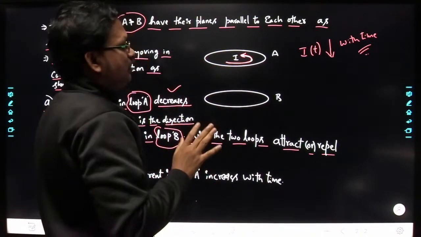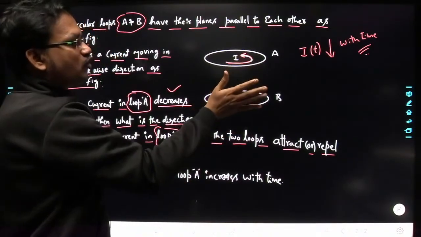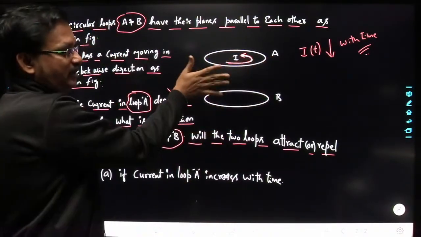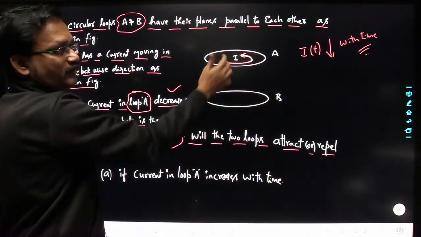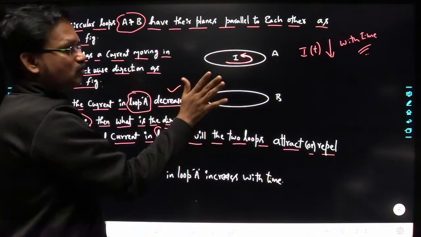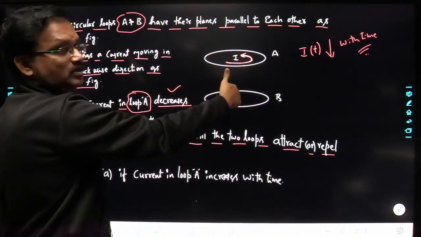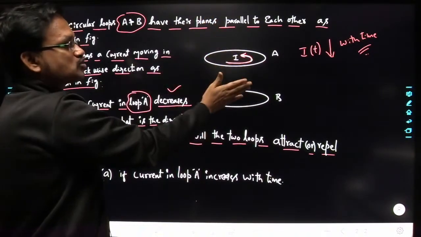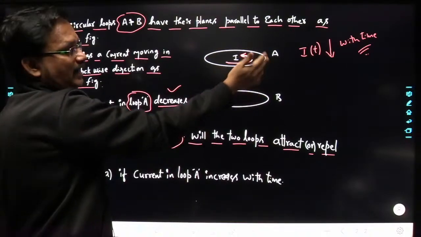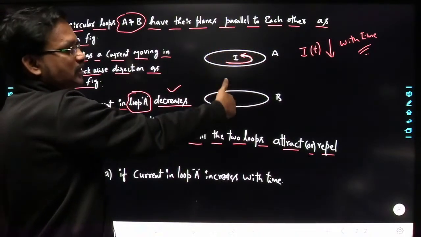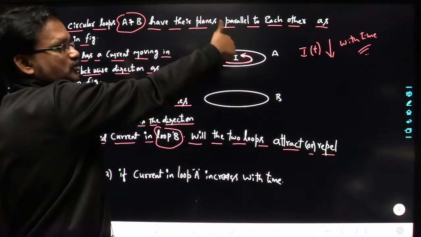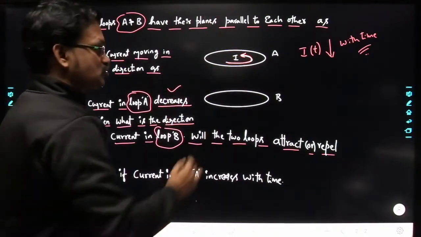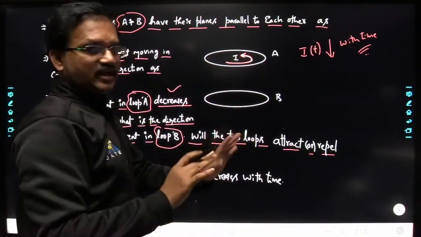See, we know that whenever the current is flowing in anti-clockwise direction here, from right hand rule, it is going to produce the B field in upward direction. Yes or no? So due to this loop, in loop B there is no current now.